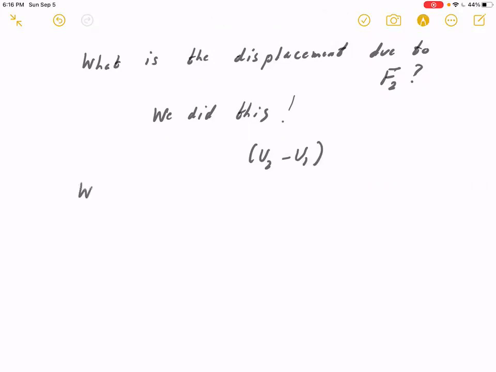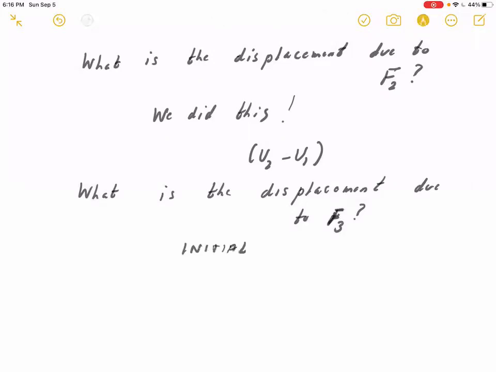What is the displacement due to F sub 3? So we know the procedure. Here's the initial equilibrium distance, L naught.